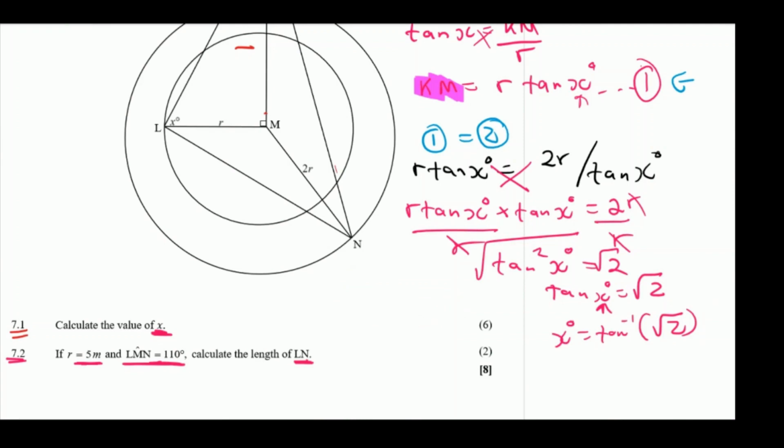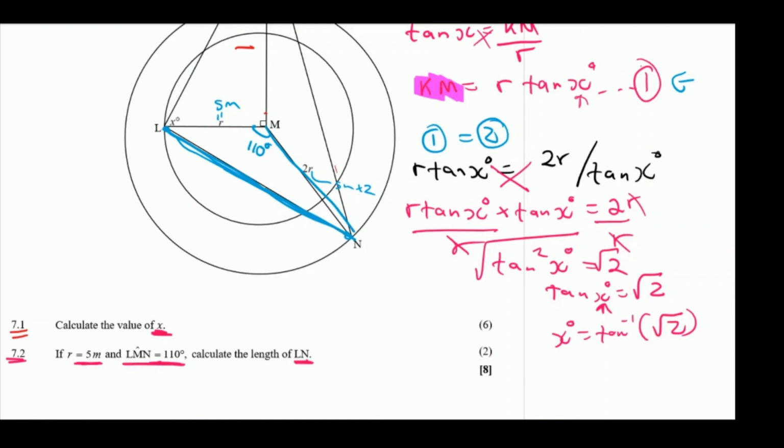What we are given here is that r equals 5 meters. Even here, this side is 5 meters times 2, right? And we are told to find LN, this side here. So we want to identify the length of this side. For us to find the length of this side, we are given this angle to be 110 degrees.